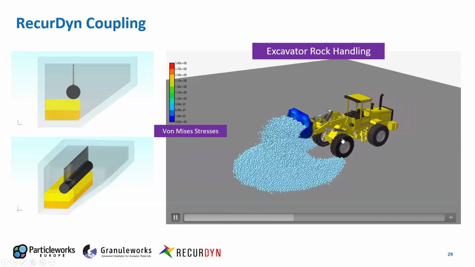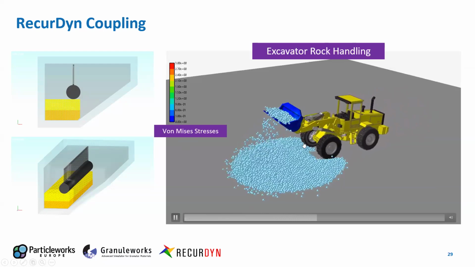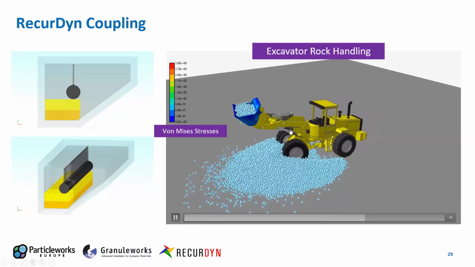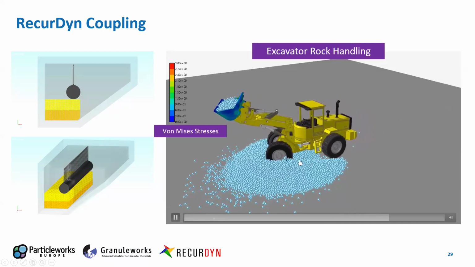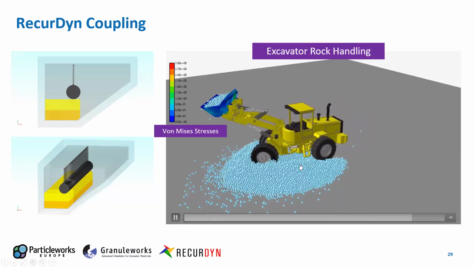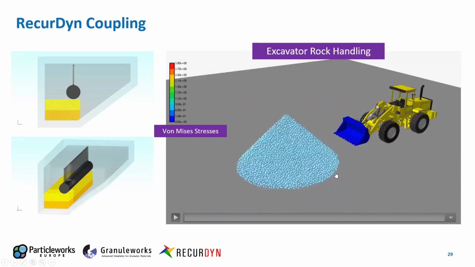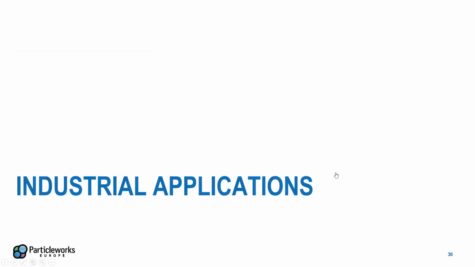So for this kind of application, you can see also that the solid and the motion of the excavator is influenced by the powder itself. So very complex coupling between multibody and powders.